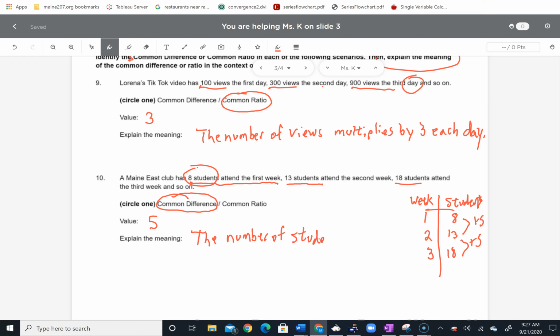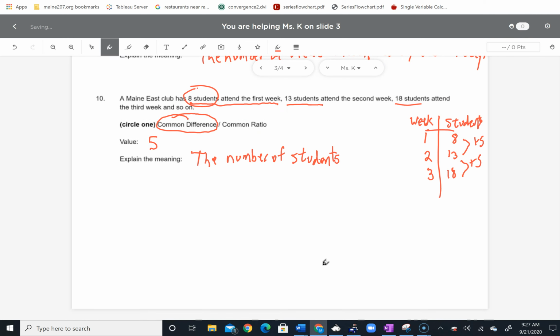Now, the addition means it's increasing. So we can say increases by 5 each week. So remember, we need to talk about what we are measuring. That's the first part right here.